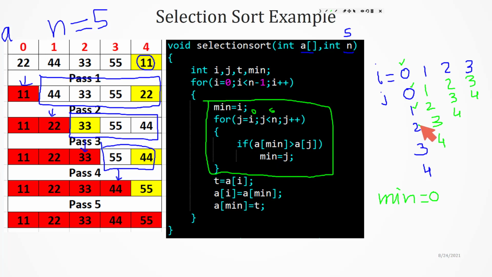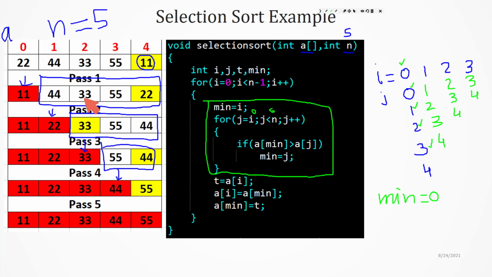Next j value is 2. A of min, A of 0. 22 greater than A of 2, that is 33, that is also false. So it will not execute these two statements. Then j equal to 3.